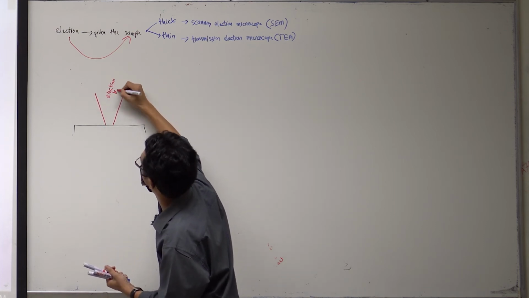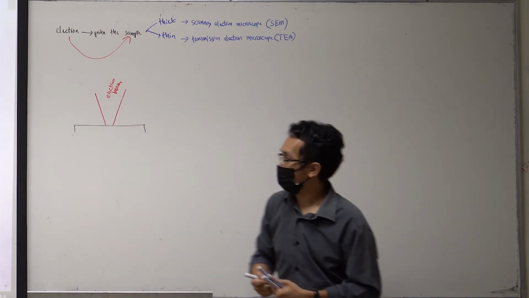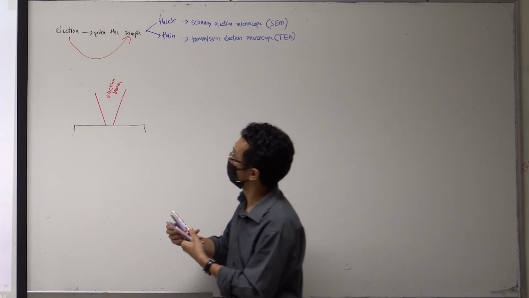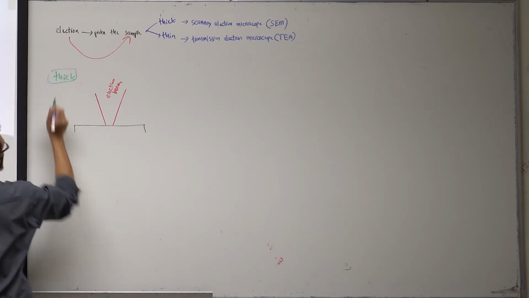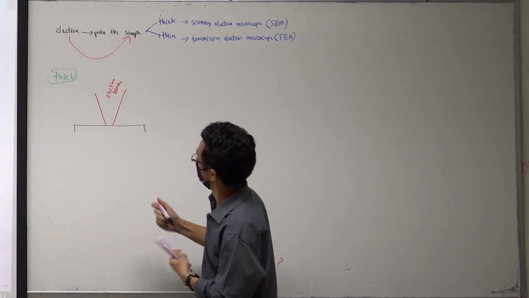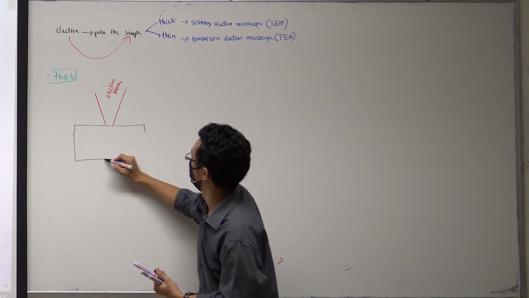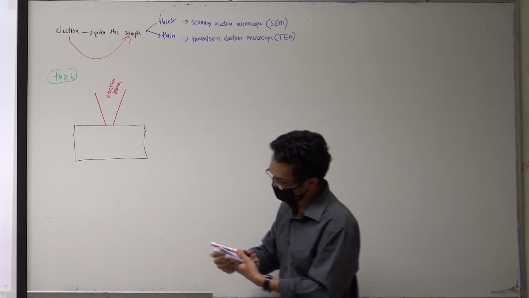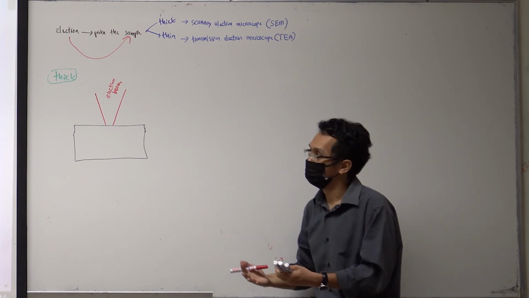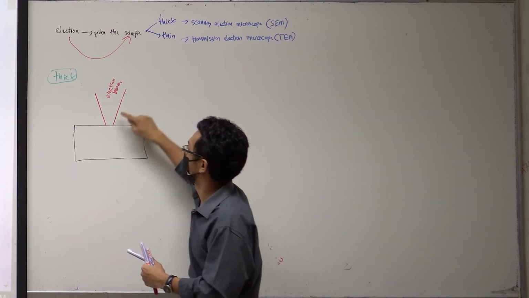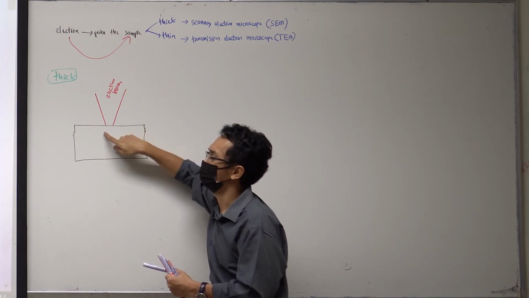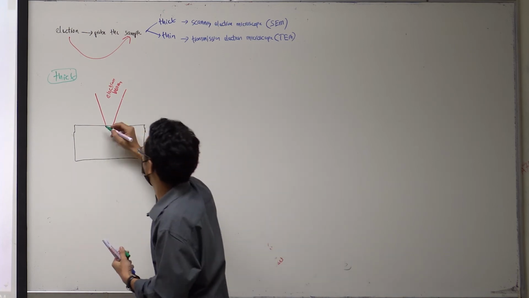What will happen for the thick sample? I will go for the thick sample first. This electron carries energy, and when it hits the sample, it basically hits the atoms inside the sample itself. So a lot of things happen.